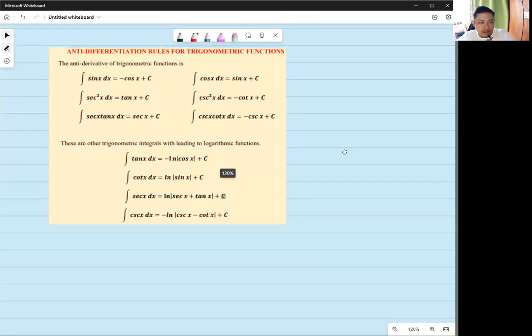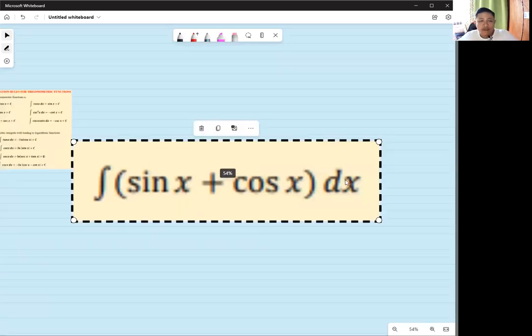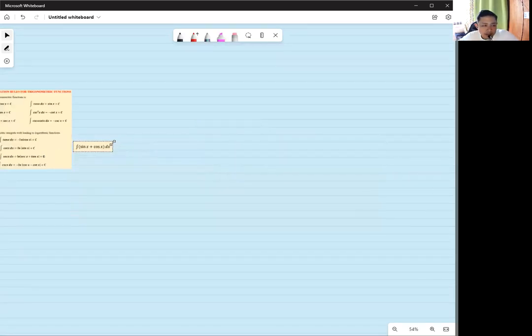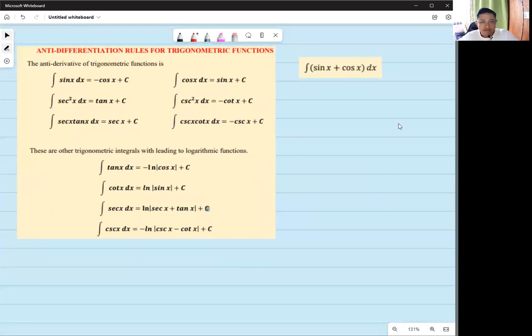Kasi sobrang dami niyan and I'm not requesting you to memorize them all because that's not practical. All you have to do is to have or secure a copy of this. Let's try this one. Game.